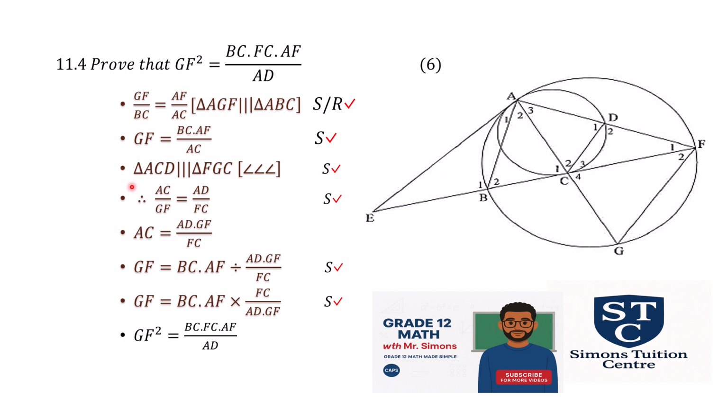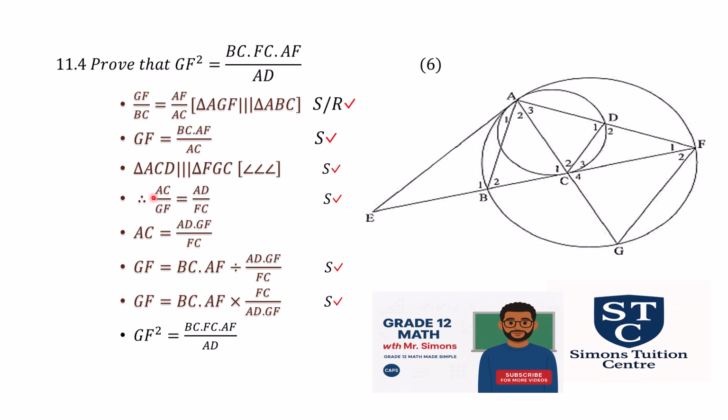But triangle ACD is similar to triangle FGC. See the FGC, they are similar. Again, my reason would be angle, angle, angle.